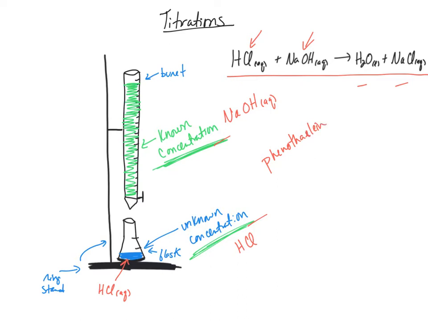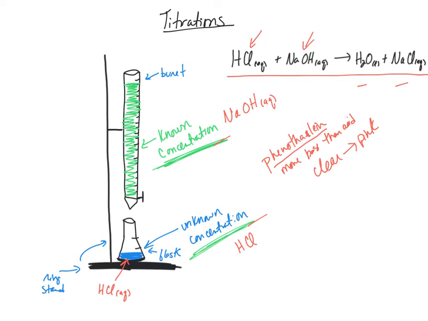Now, I spelled that wrong because I always spell it wrong, because spelling and drawing are not my strong suits. But here's the point. What we have here is an indicator that tells us when we have more base than acid. Okay? So phenolphthalein goes from clear to a pinkish color when we have more base than we have acid.